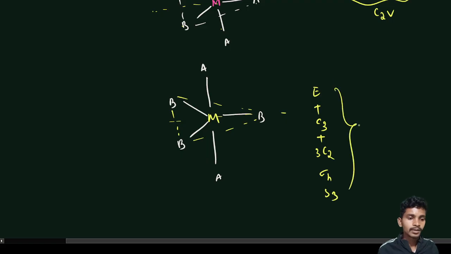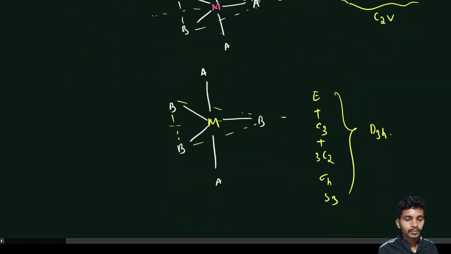So this is again going to be the D3h point group. So if you replace all the three, again you get the D3h point group.